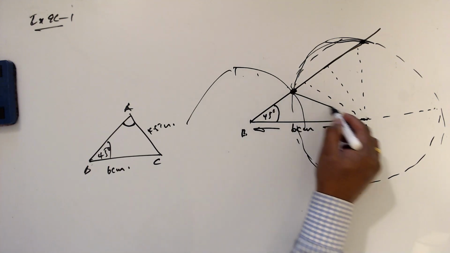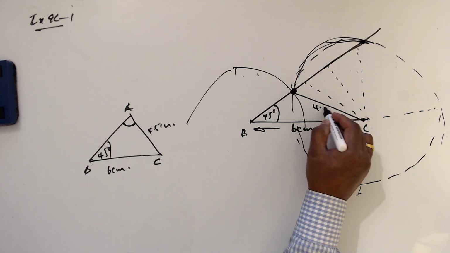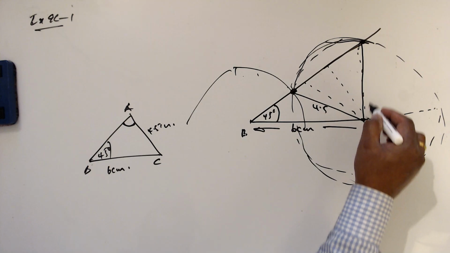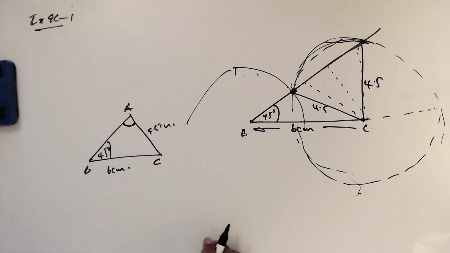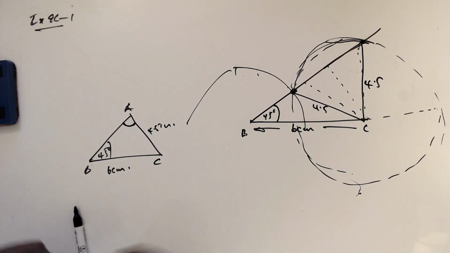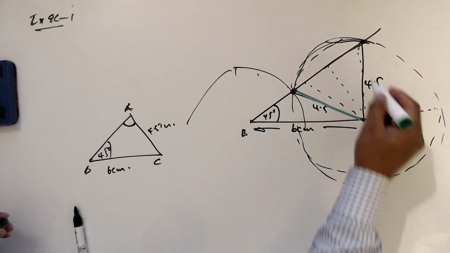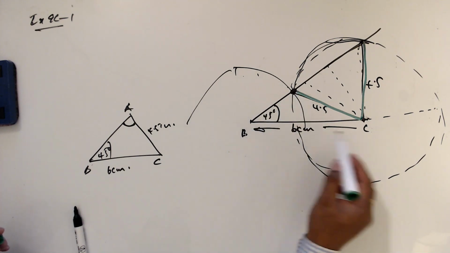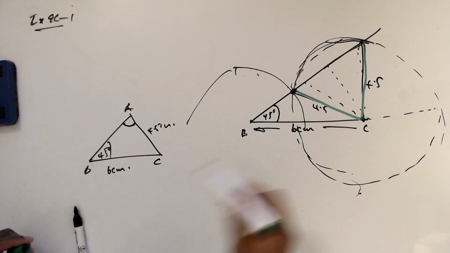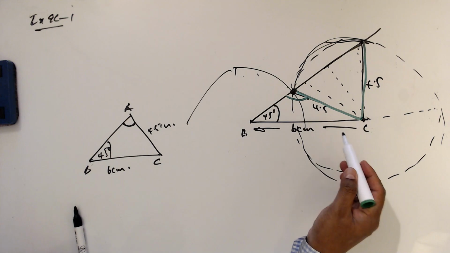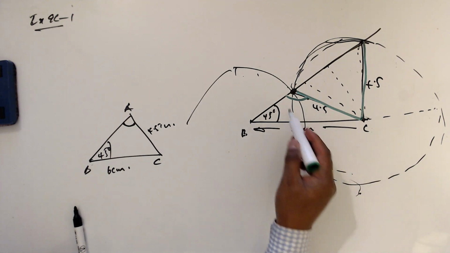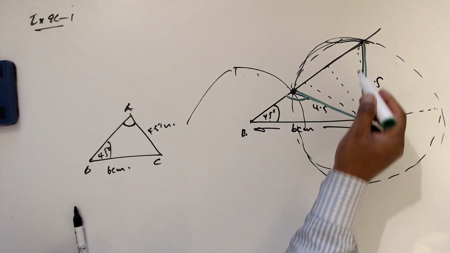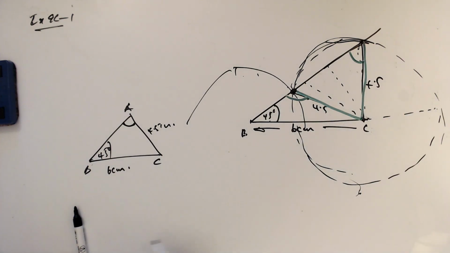So either this one also 4.5 and this one also 4.5. You have two options. One is this one, other one is this one. So one is this triangle, and this is the angle size of this one. The other one is 45, and this is the other angle size. So you will get two angles basically, two possibilities.